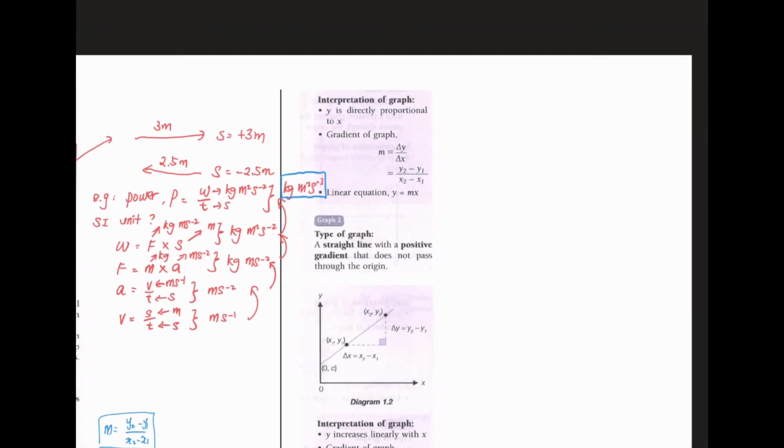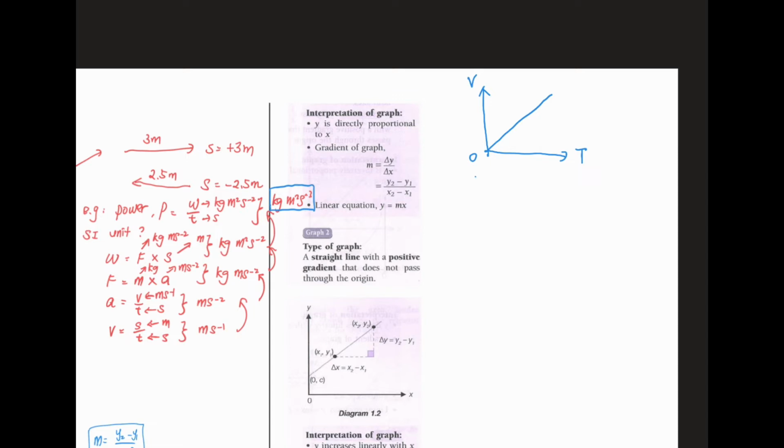Okay, so another example. Sometimes your graph is labeled in a different way. Let's say you have temperature and volume, a straight line from origin. Then the question asks, state the relationship between the volume and the temperature.